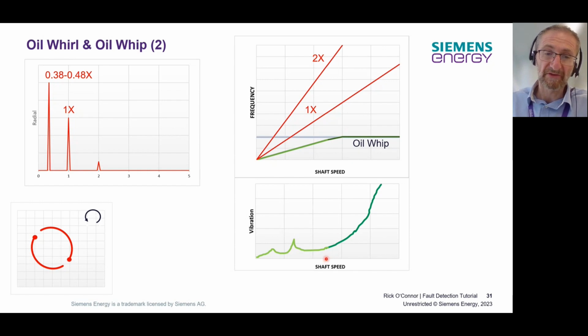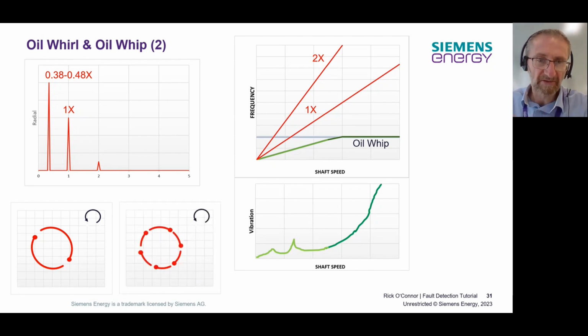But what will happen is your levels of vibration will increase to a very destructive level. This is potentially very dangerous for a machine unless it's brought back under control very quickly. If you could see the orbit, as the speeds increase but the frequency hasn't, we've got more rotating cycles for one cycle of vibration.